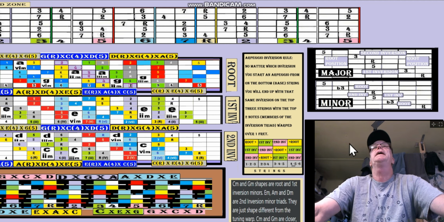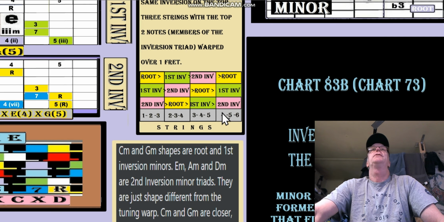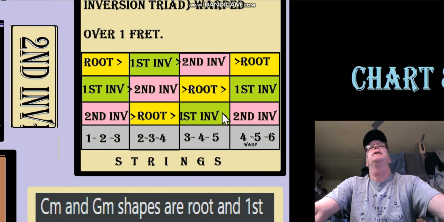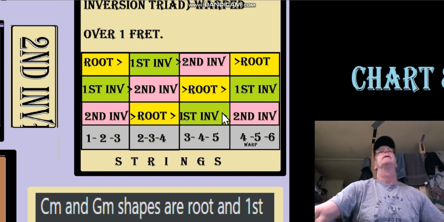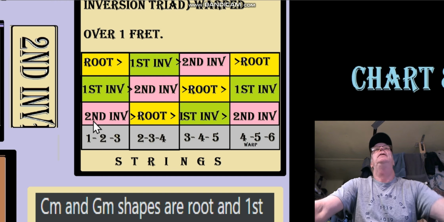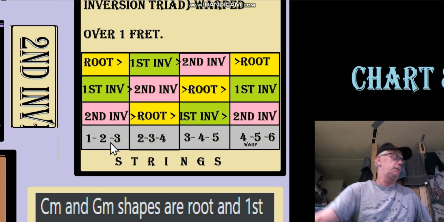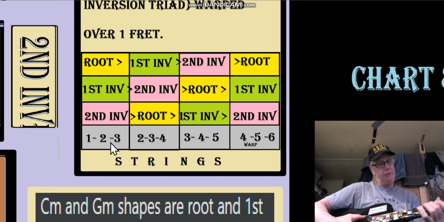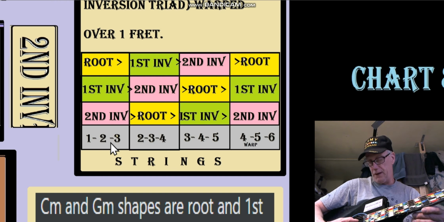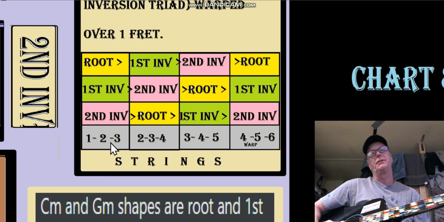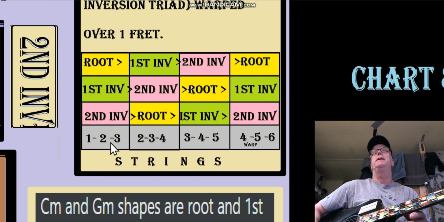No matter what it is, according to one of these Andy rules, but it really just happens to be true, say this is the first 3 strings from the bottom: string 1, 2, 3 right here. This is string 2, 3, 4. This is string 3, 4, 5. And this is string 4, 5, 6, with 6 being the higher string. I know it's backwards, but it doesn't matter.